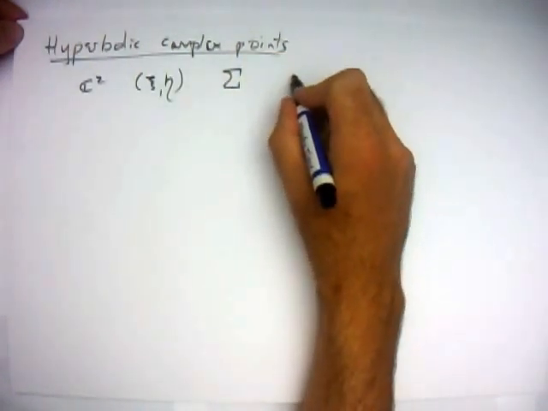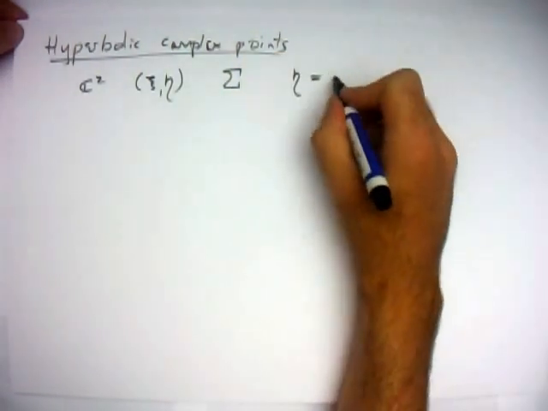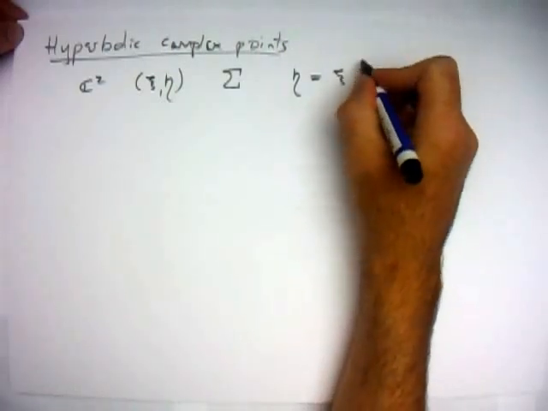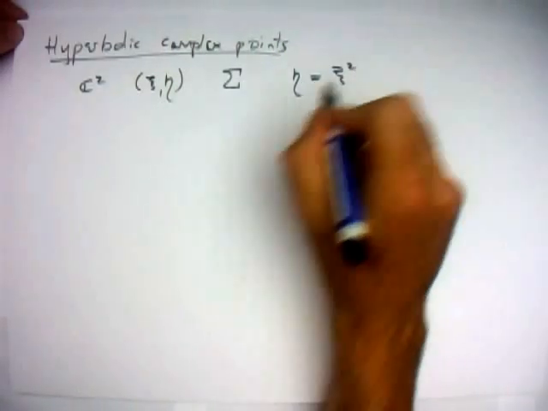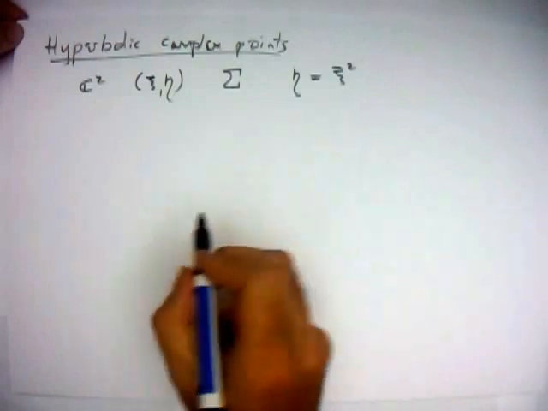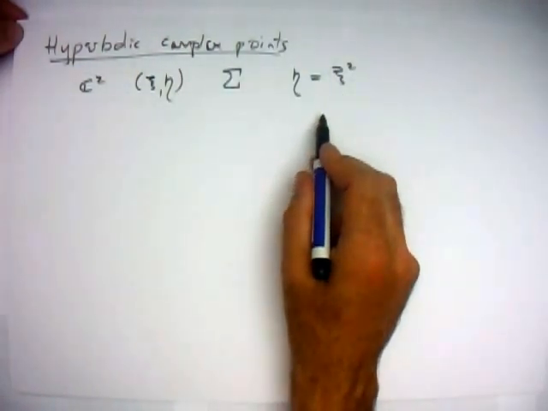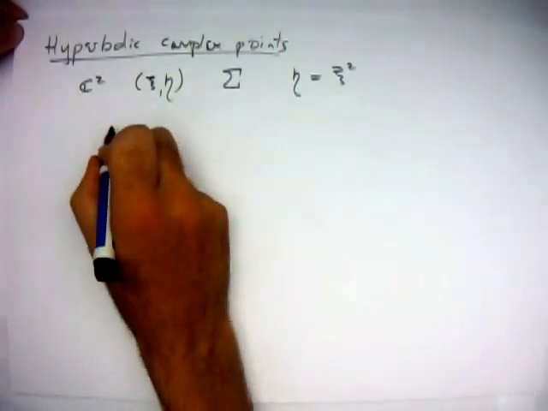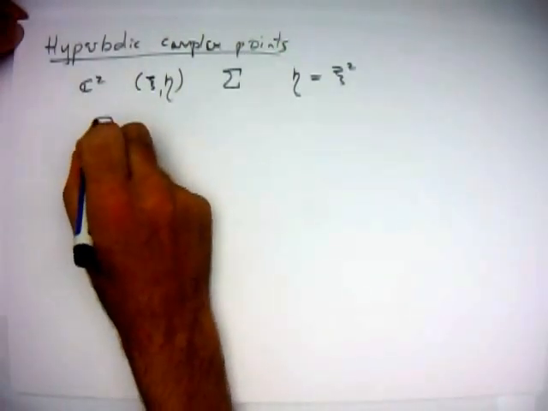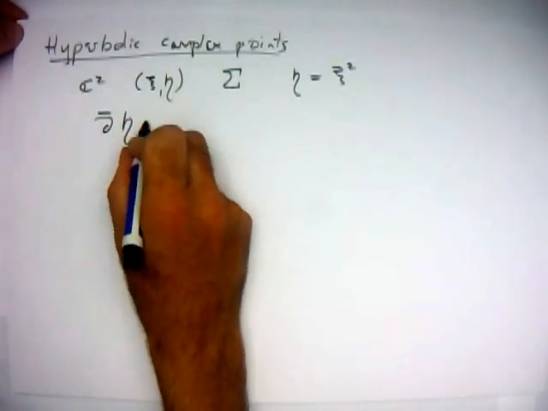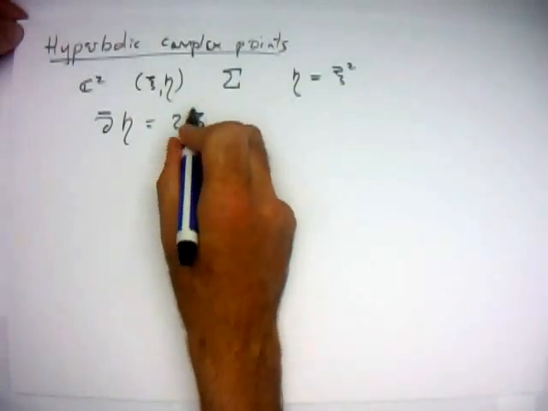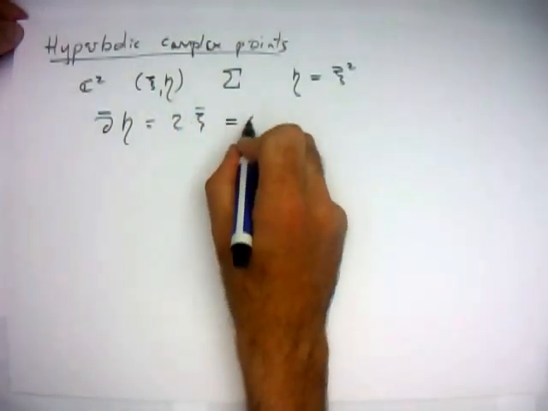The surface is given by a graph, eta equals xi bar squared. Now, if you look at that surface, it's a real surface, and we want to know, does it have any complex points? To see this, you take the del bar of eta, which would be 2 xi bar, and ask, where does this vanish?